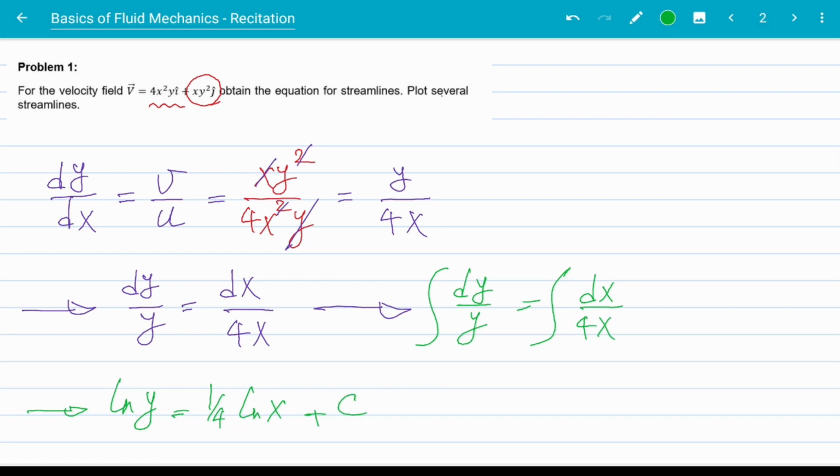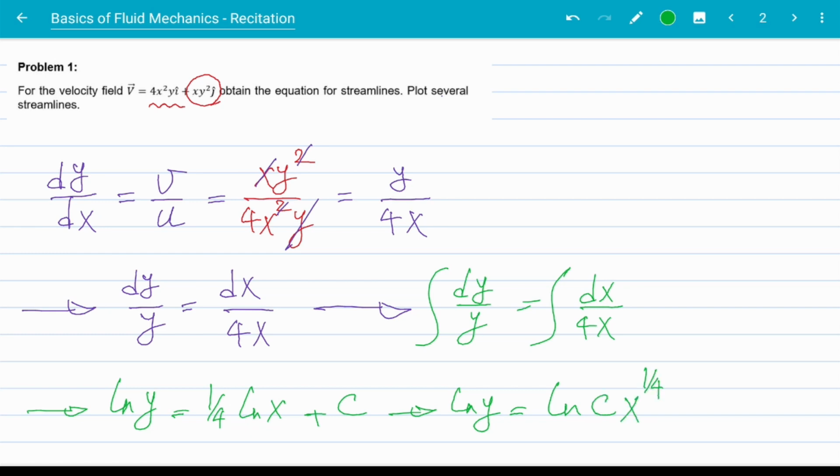Now this is a natural log equation, and as a result, I can play with the integral constant c a little. I can say that natural log of y is actually natural log of c x to the power of 1/4.